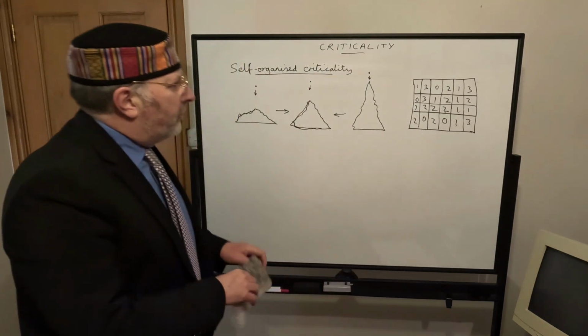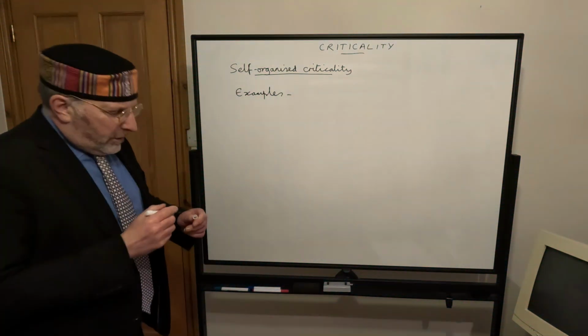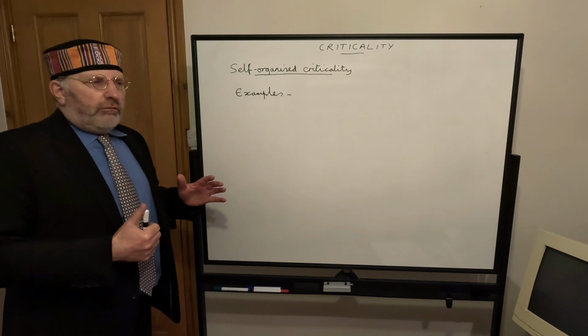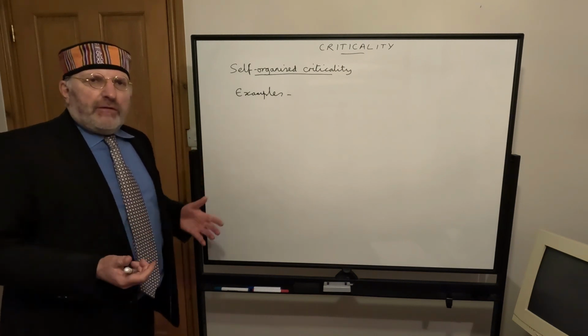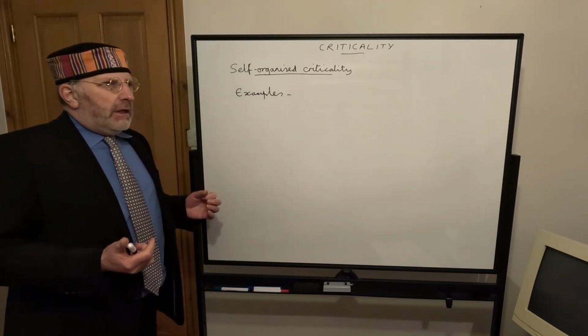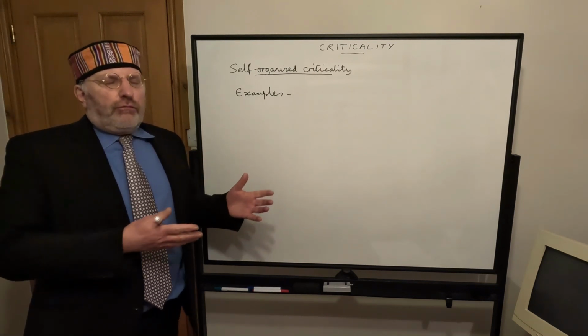Okay, so now let's just consider some examples of this. We're going to consider two examples from the natural world, and then a couple of examples from history and society. And you might think, well, why are we studying things in the natural world?